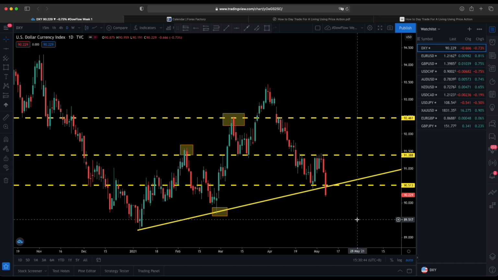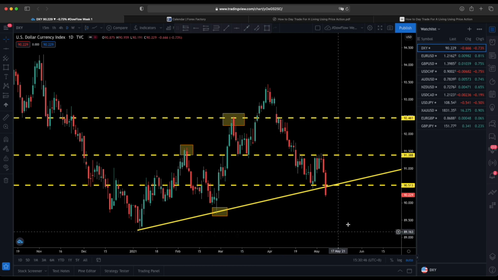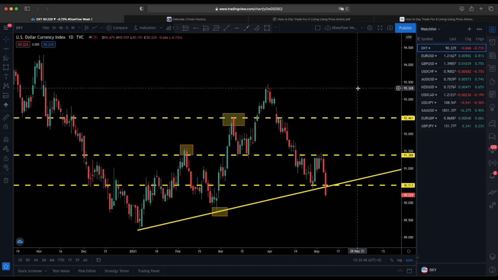But we always start with DXY because we want to know the direction of the dollar. Dollar direction will tell us the direction for all the FX major currency pairs such as euro dollar, pound dollar, dollar franc, Aussie dollar. If the dollar is strong, then obviously euro dollar is going to be weak. That's how we use it.